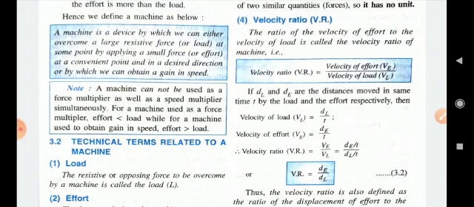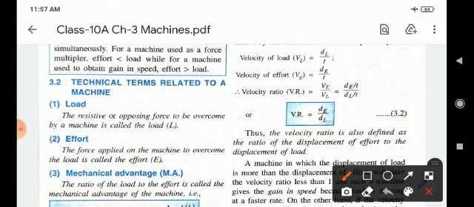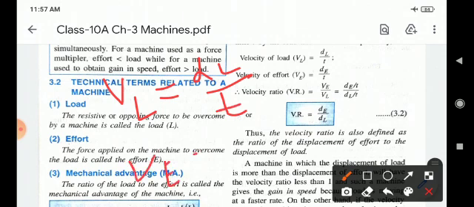According to this point, if dl and de are the distances moved in the same time t by the load and effort respectively, then velocity of load VL is equal to dl upon t, and VE is equal to de upon t.